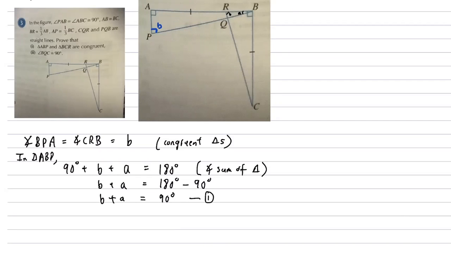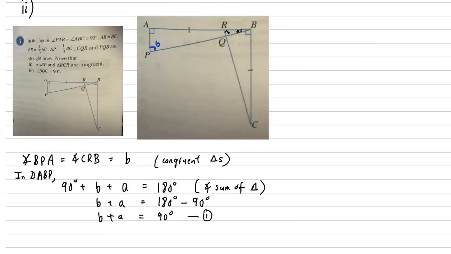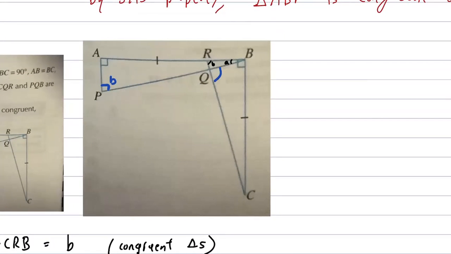What else we have? If we look at angle BQC now, BQC here, where is it? Over here. What angle is it? Hopefully, if you can see this triangle, there's the two interior opposite angles and there's the one exterior angle. So it just means that these two must add together.